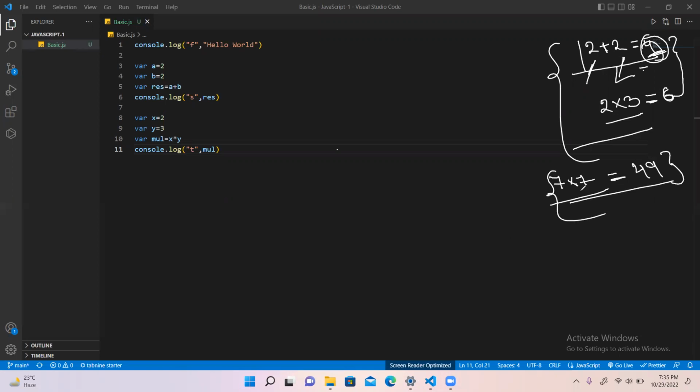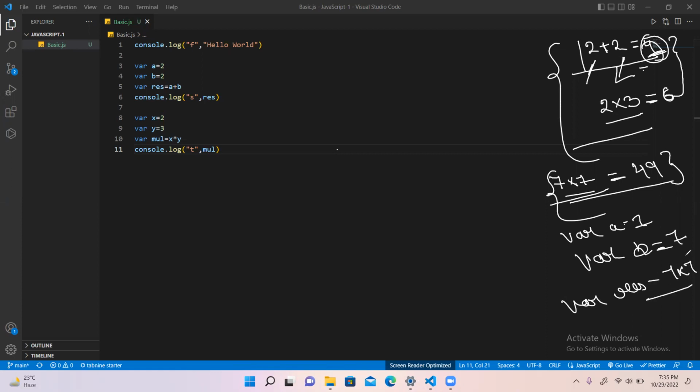So you can use a simple way like you can write where a equal to 7, where b equal to 7. Okay. Now you can write where result 7 into 7.